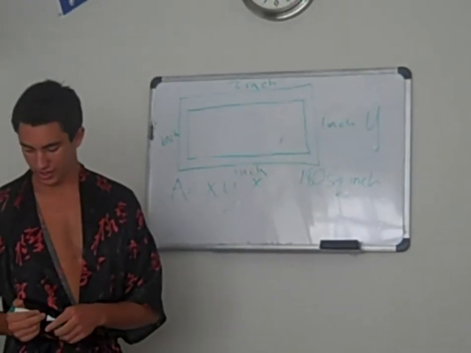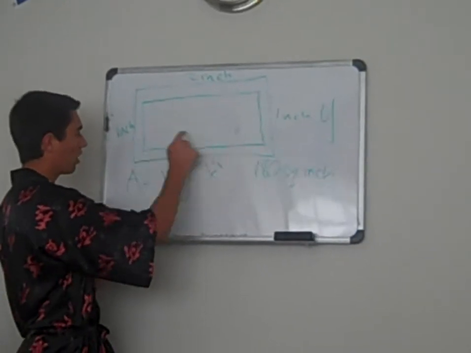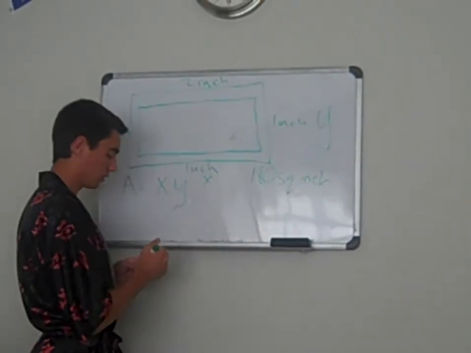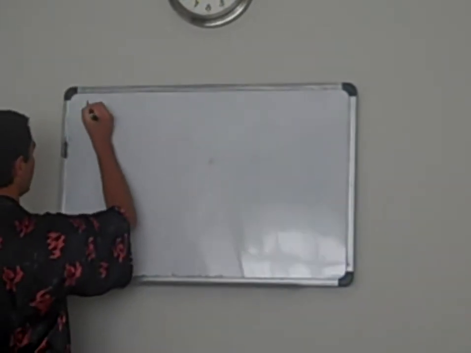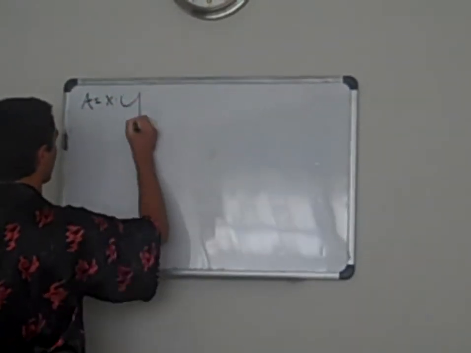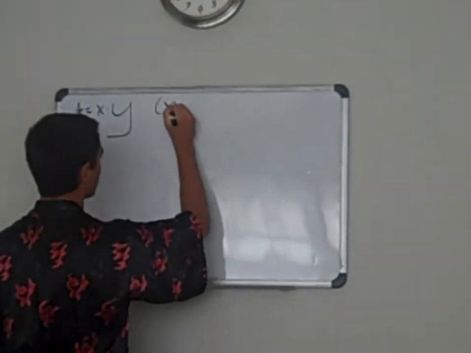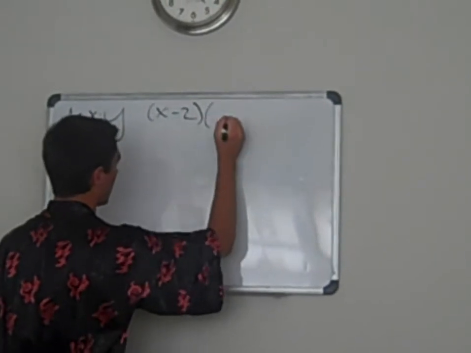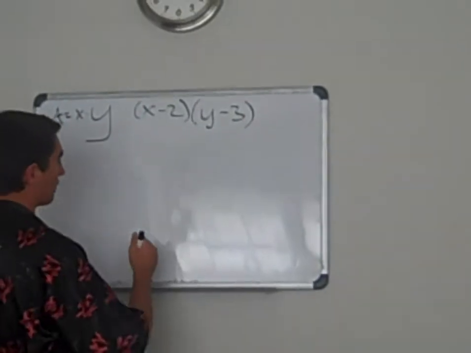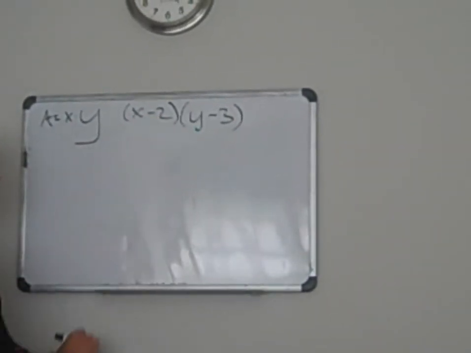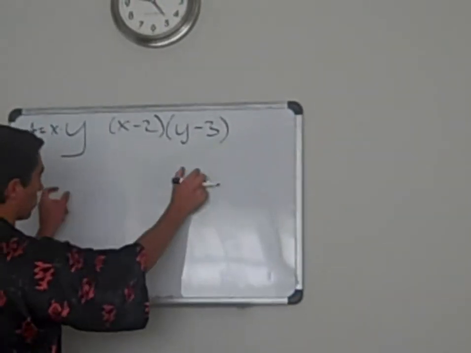And for this, since these sides are both 1 inch, let me erase first. So the area of the shape is A equals x times y. And to find this area, we're going to do x minus 2 times y minus 3. This is because of the dimensions of the top, there's a 2-inch margin on the top, and 1 inch on the bottom, so that's 3, and then 2, so 1 on each side.